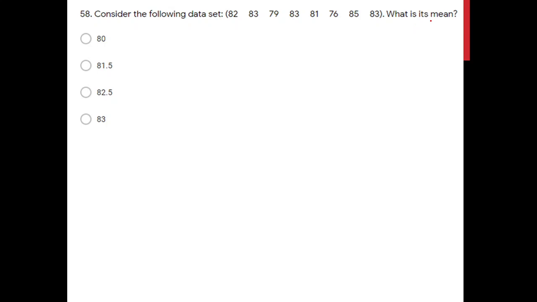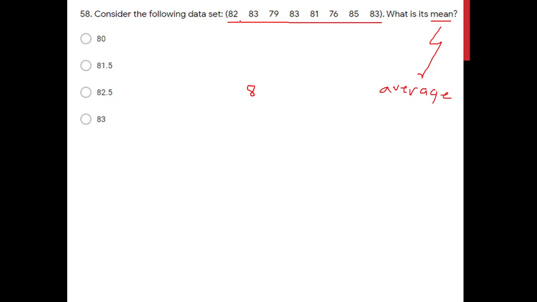What is the mean? So mean simply means average. So all you need to do is add all the data and divide by the number of data. So how many data here? 1, 2, 3, 4, 5, 6, 7, 8. So you have 8 data. Then you need to add them together.